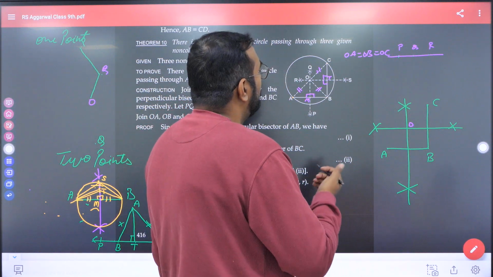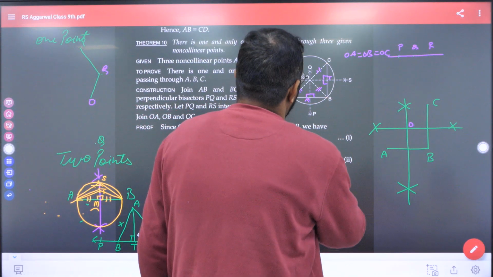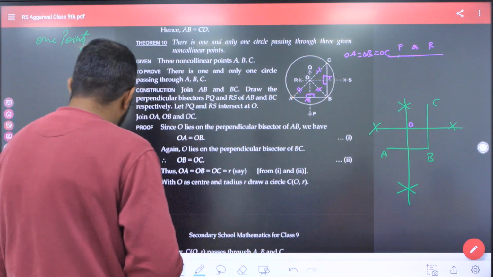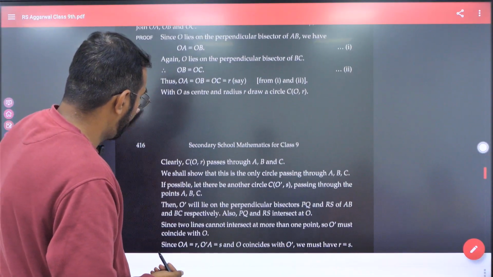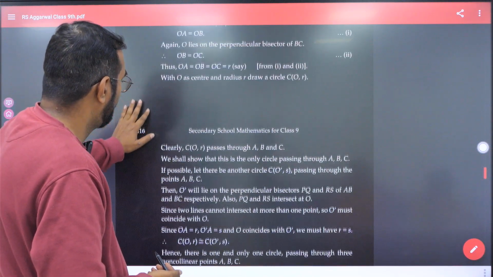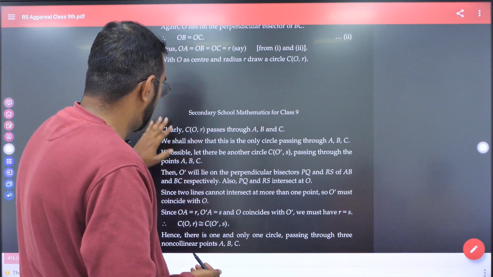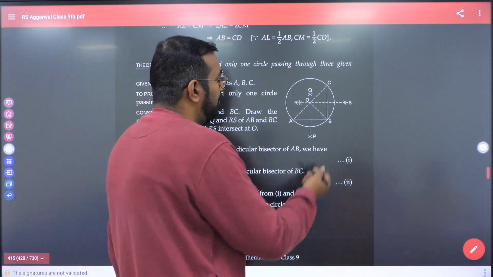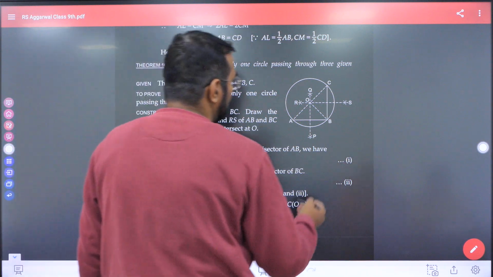So we will show it by the method of contradiction, or supposition, the assumption method you can also say. Suppose, beta, there is another point.